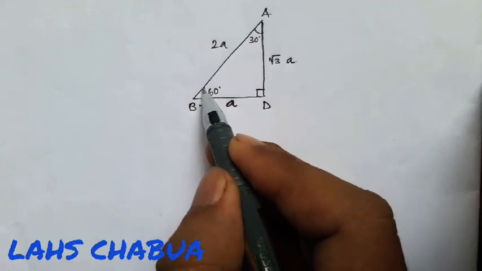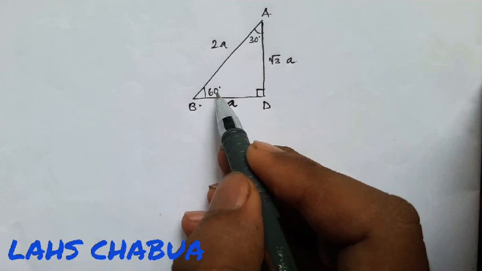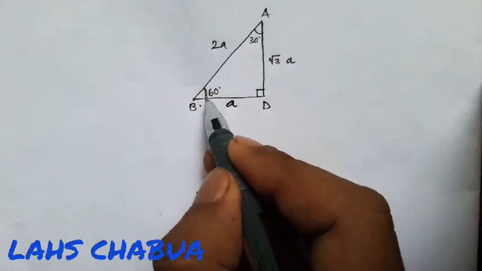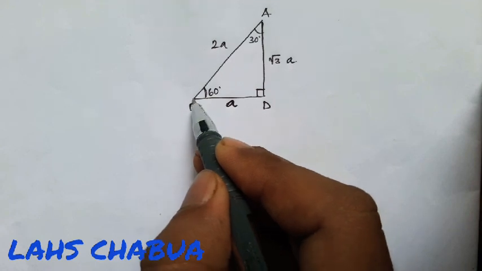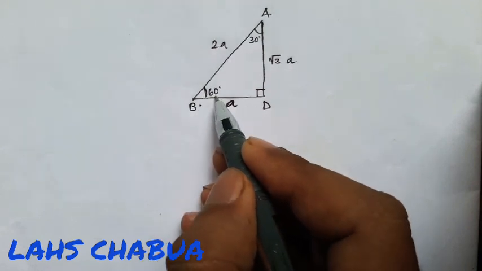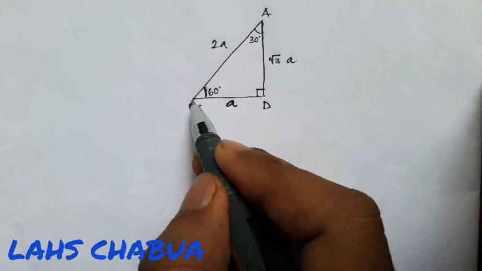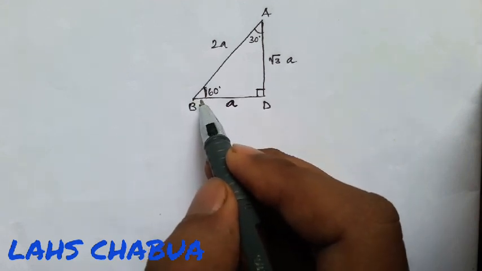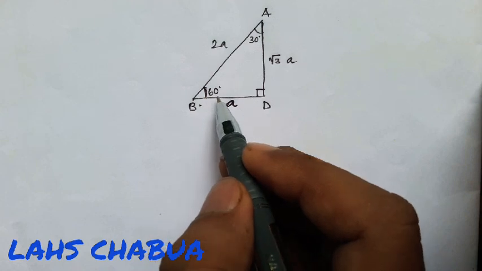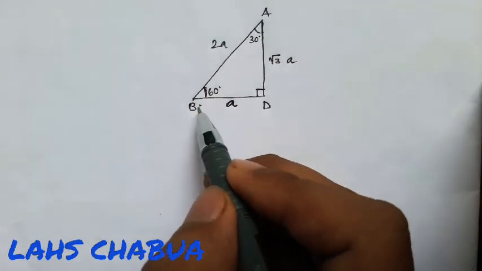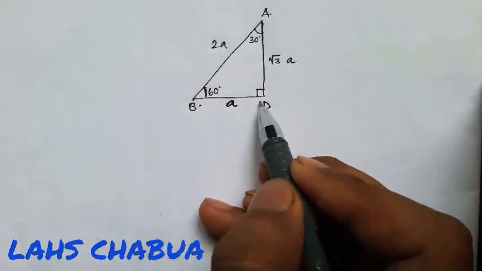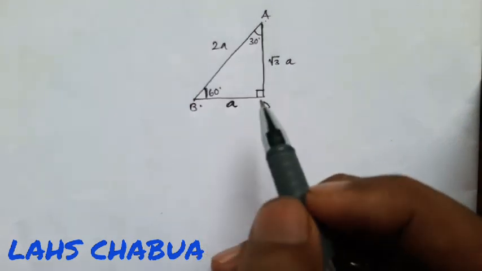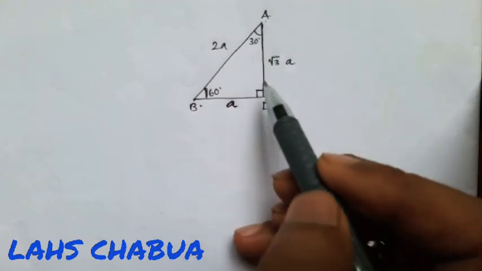So 60 degree angle, you can see in the figure, 60 degree is here at point B. So based on this angle we selected our base and perpendicular. So in order to calculate all the values of 60 degree, we have taken base as BD and perpendicular as AD.